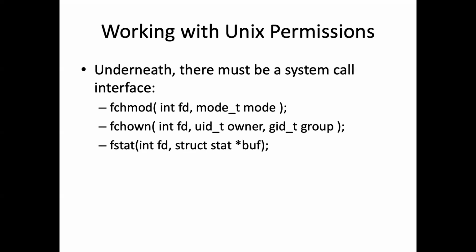If you've got a file that you've already opened and you've got a file descriptor for it, so a small integer associated with that file, fstat will tell you information about that file.